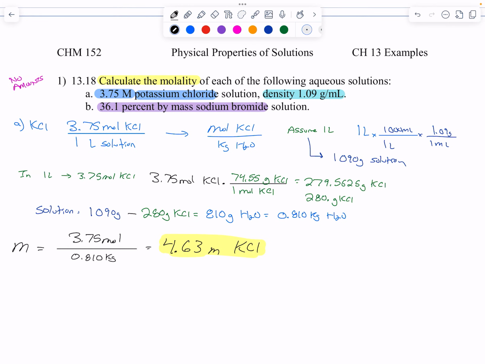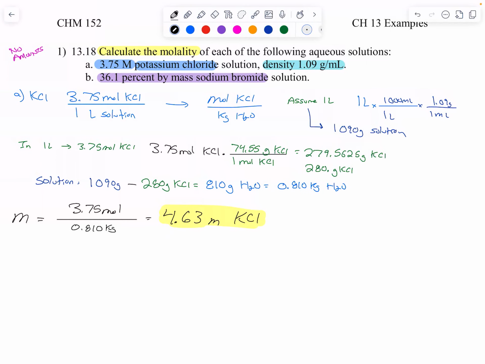Fantastic. Now B. How are we going to do B? Well, B, we know we have 36.1% mass NaBr. So that means I would have 36.1 grams of NaBr per 100 grams of solution.